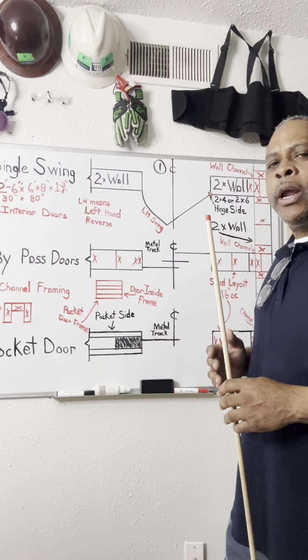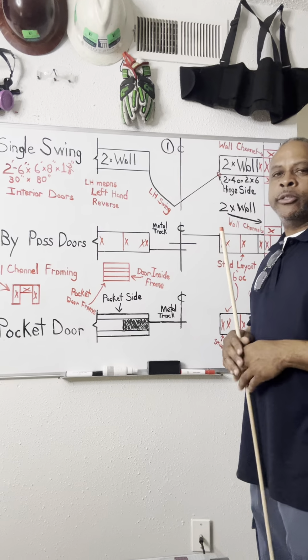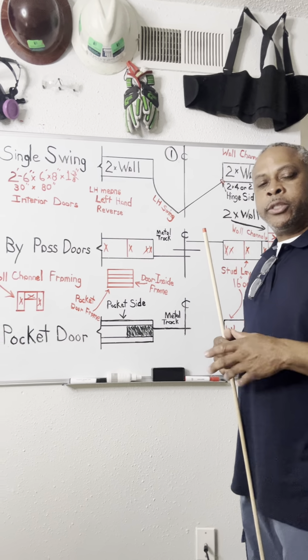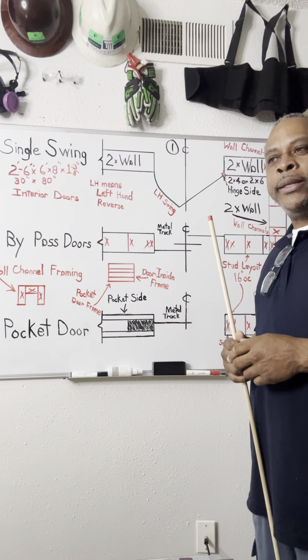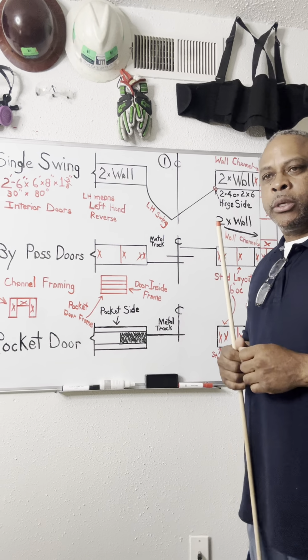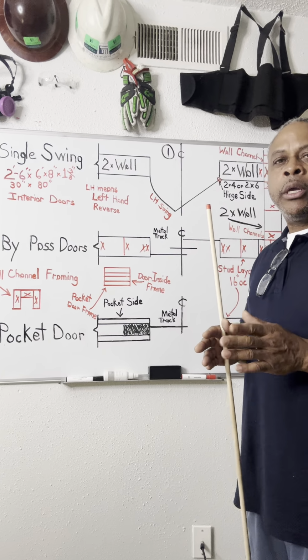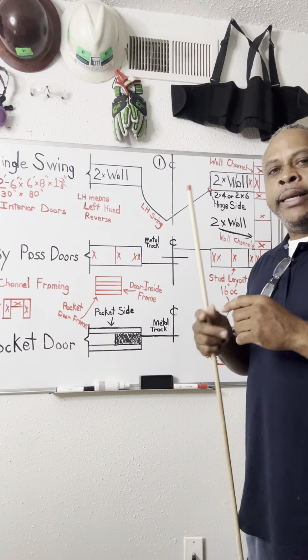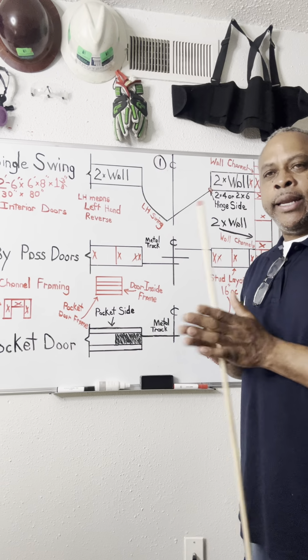You know, we frame in California solid headers. And I notice on the East Coast and specifically on the south end of the United States, they like to build headers. They take 2 pieces of lumber, put a piece of 1/2-inch plywood or 7/16 plywood in between, nail that together on both sides, and they got a header.